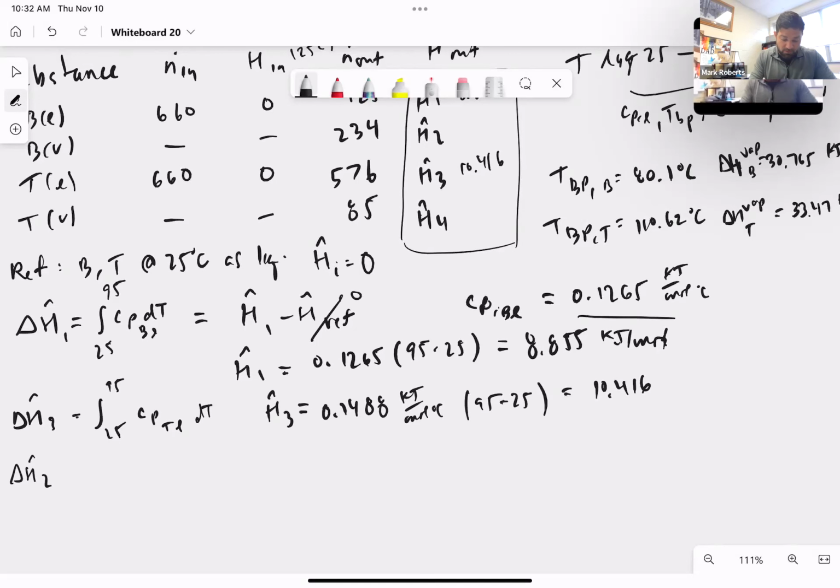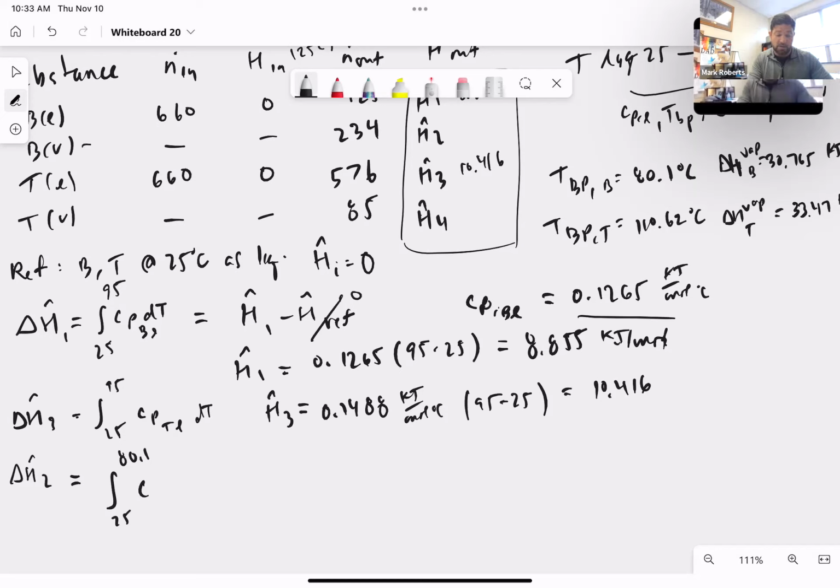Okay, so in order to calculate my delta H2, I have to go through a process path where I first have to heat up the liquid to the boiling point. So that's going to be an integral of 25 to 80.1, because again, that's the boiling point of benzene.